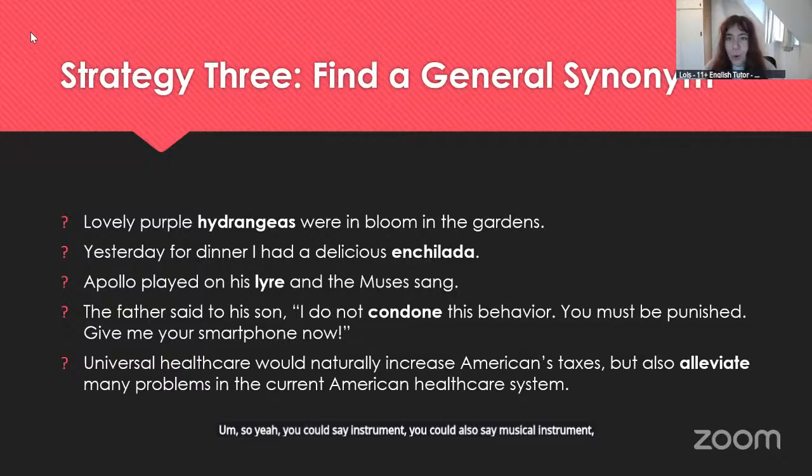Does anybody know what a lyre actually looks like? It is quite similar to one particular modern instrument that we have. I don't know if anybody knows. I can see quite a few of you are saying harp.